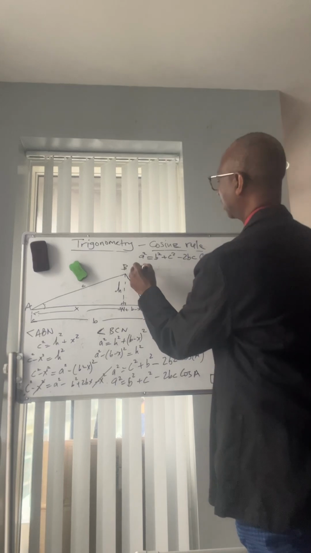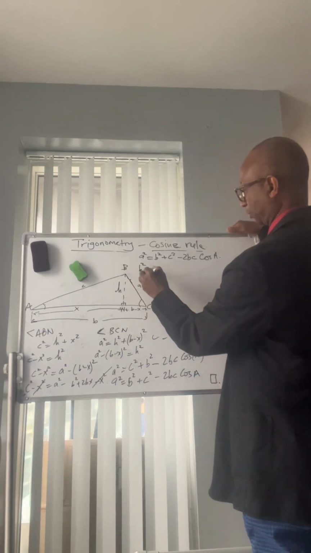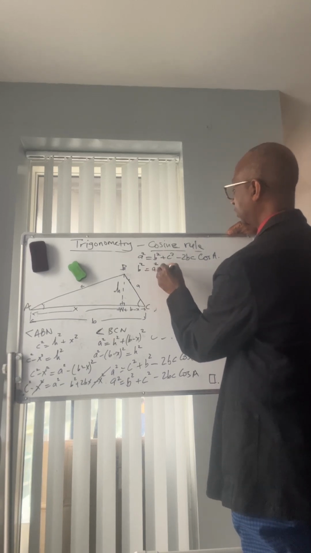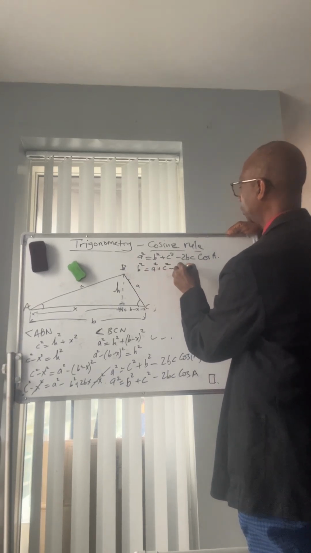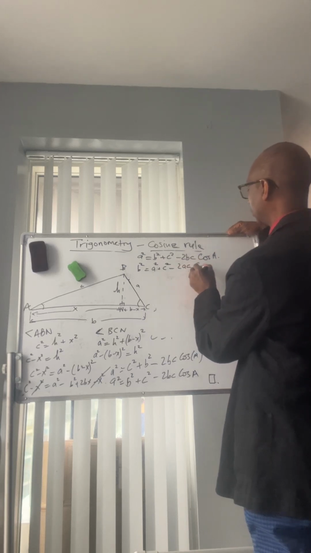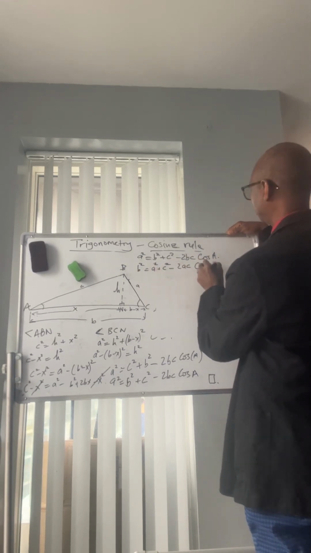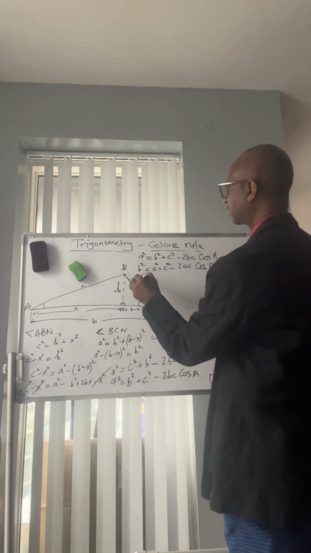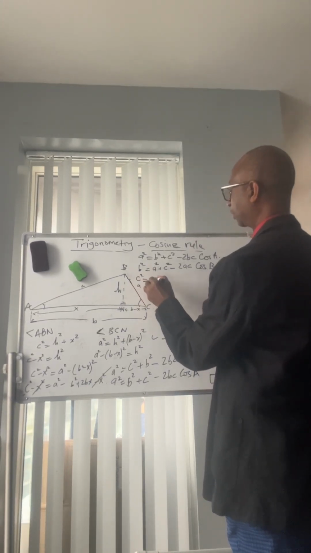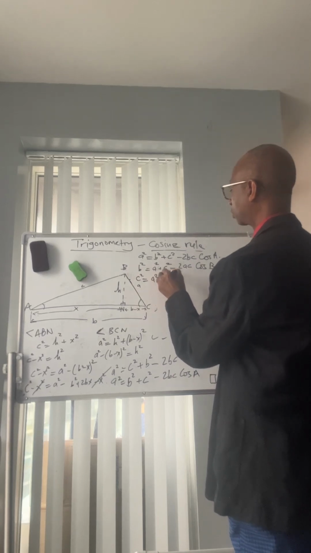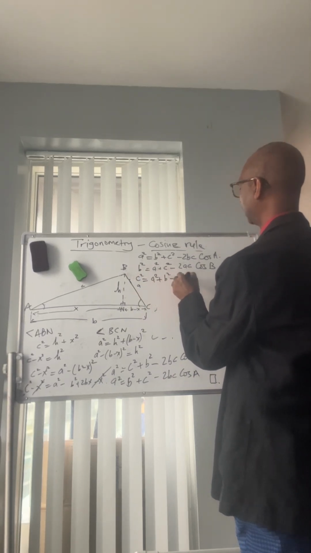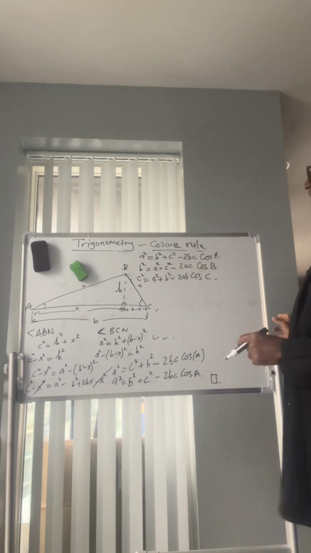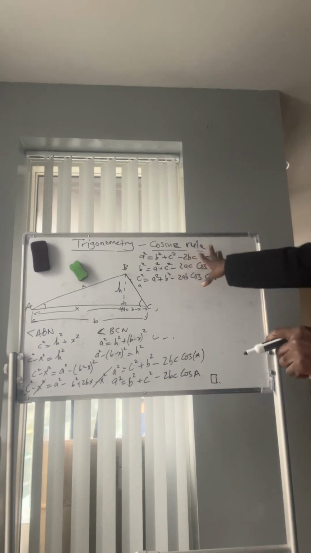We now have b squared must be equal to a squared plus c squared minus 2ac, the cosine of B. We now have c squared must be equal to a squared plus b squared minus 2ab, the cosine of C. These are the three formulas you get for the cosine rule.